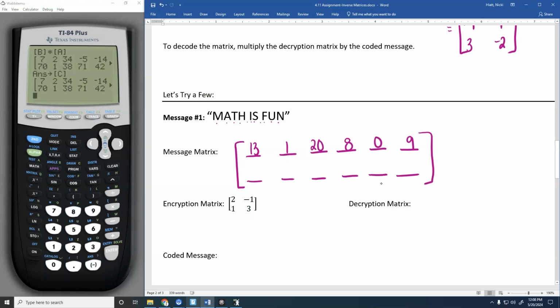And then go to the next line because we ran out of room. So S is 19. Another 0 for a space. And then we've got F is 6. U is 21. N is 14. And I'll put a 0 on the end there.